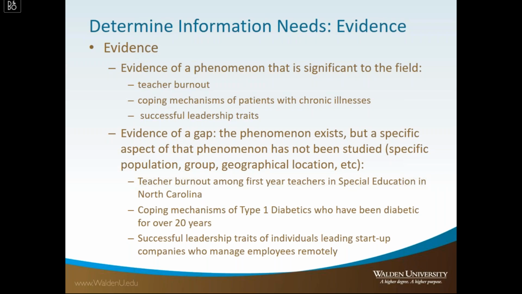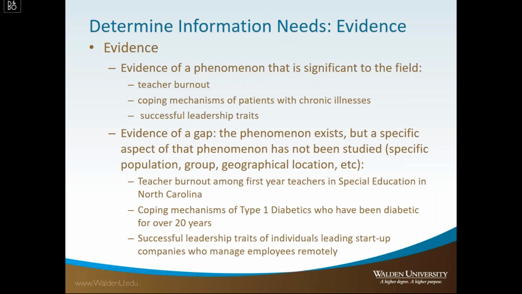So if you think about these research topics and how these students might go about finding literature, let's take this example of teacher burnout. That student is going to need to do research on teacher burnout. They're going to need to do research on teacher burnout and first-year teachers.